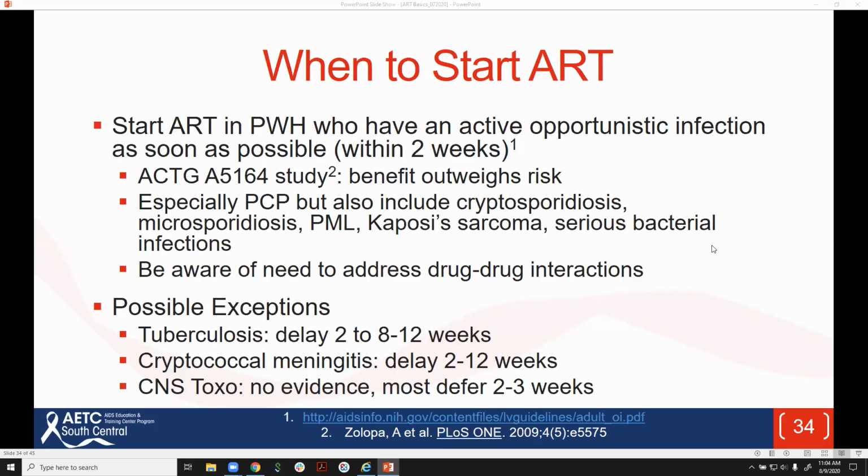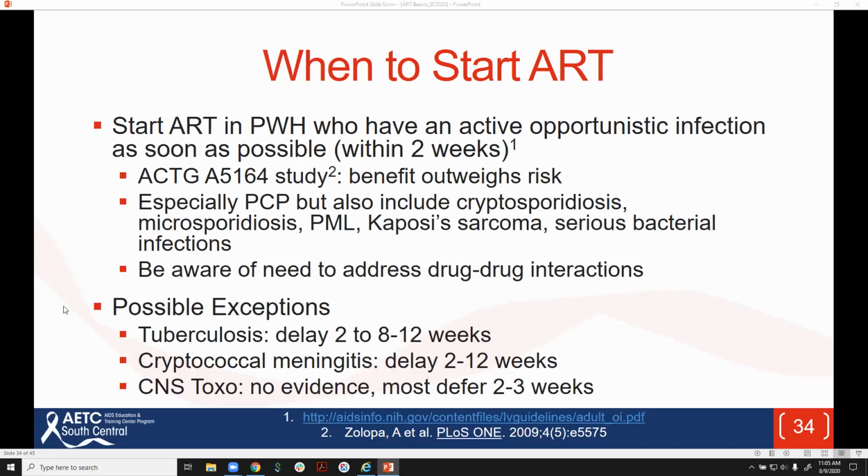And so I wanted to talk a little bit about when to start antiretroviral therapy. In people with HIV who have an active opportunistic infection, we want to start as soon as possible. So really, that was in our guideline. Active opportunistic infections, start right away. And that's the majority of cases.